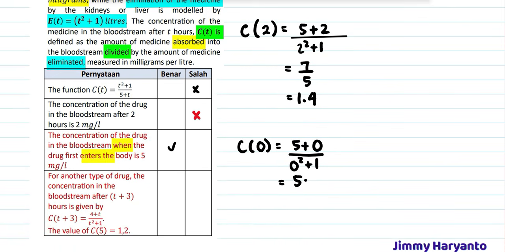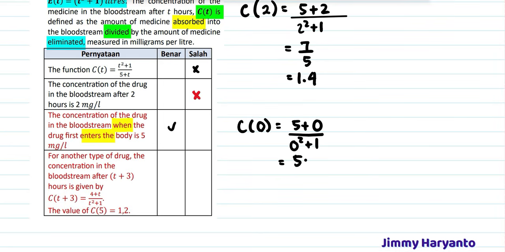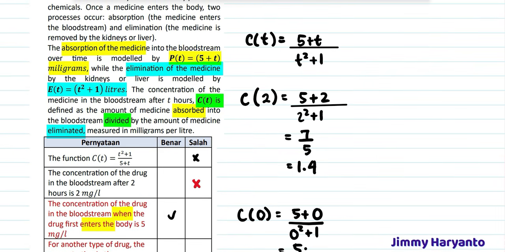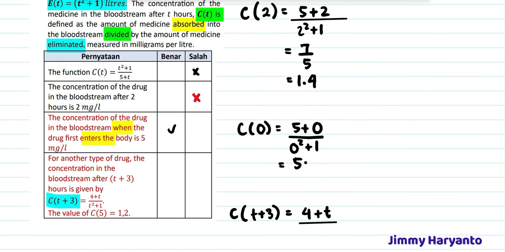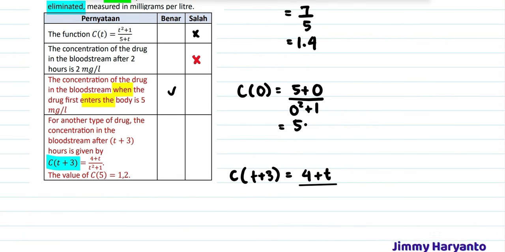Next is another type of drug. The concentration after t plus 3. Okay, so the difference between this and the one that we used before is that before it was C(t), but this time it's C(t plus 3). That means the function is already composite, so we have another function inside the C(t).